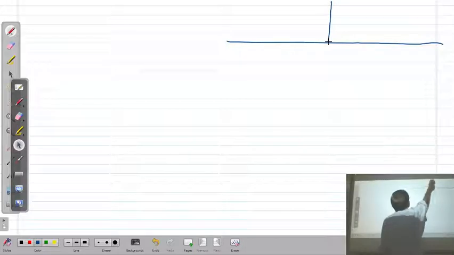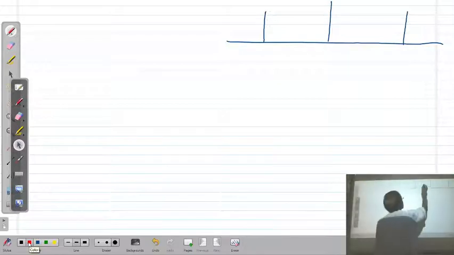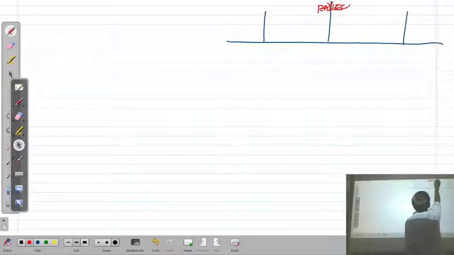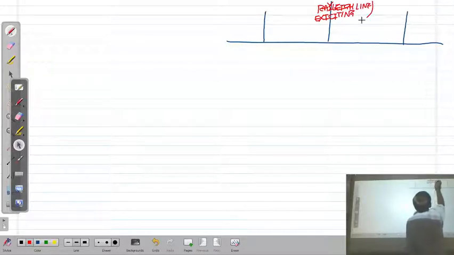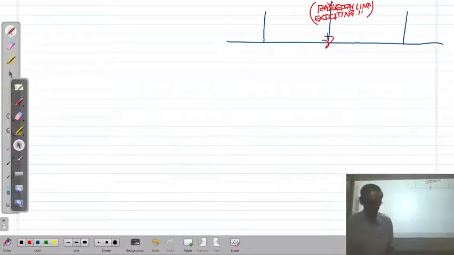This spectrum line is the Rayleigh line or exciting line, whose wave number is nu.